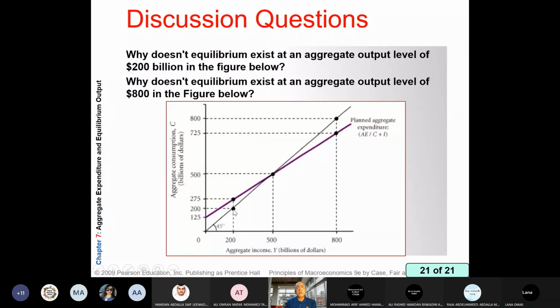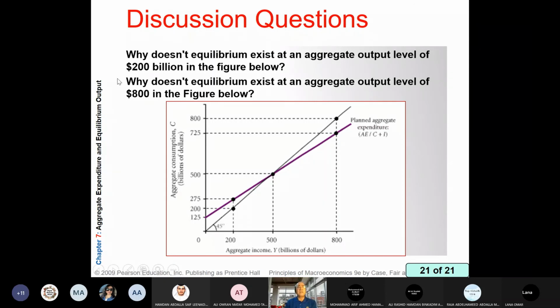Demand is more than supply. The vertical distance refers to an unplanned decrease in inventory. Why is it a decrease? Because we sell more than what we produce. So that will give an incentive to the business sector to produce more till we reach 500.